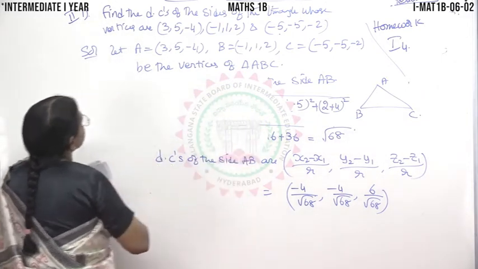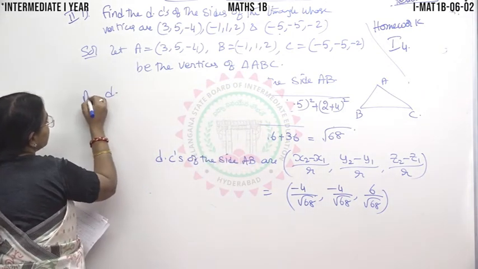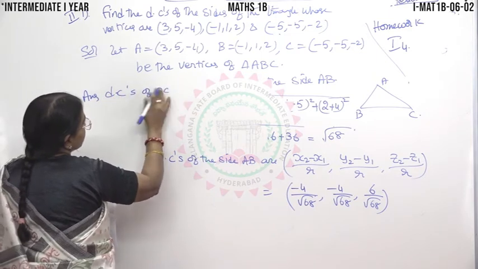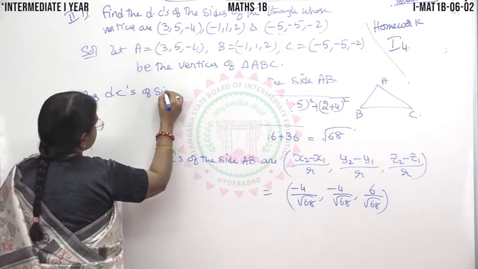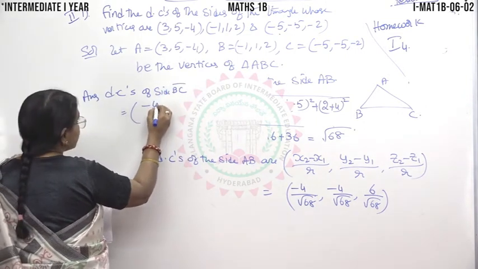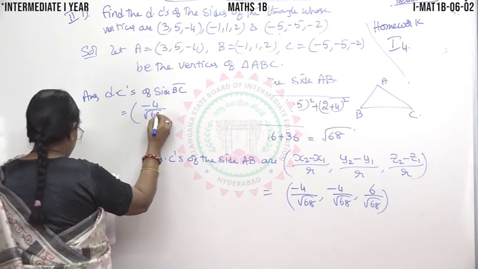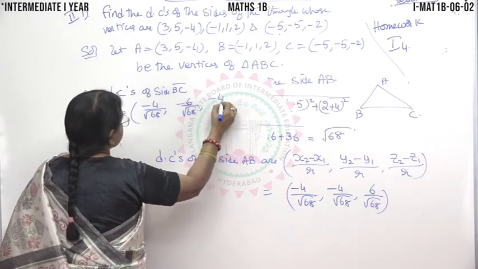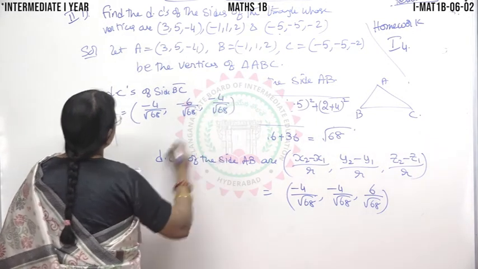The DCs of the side BC are minus 4 by root 68, minus 6 by root 68, and then minus 4 by root 68.